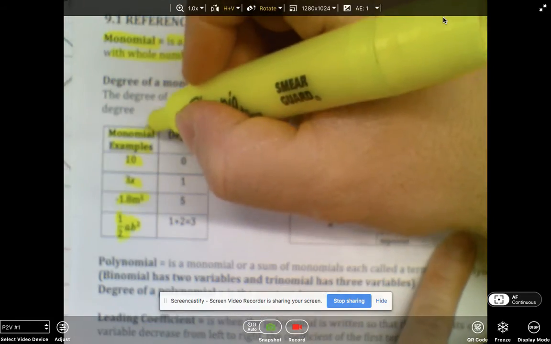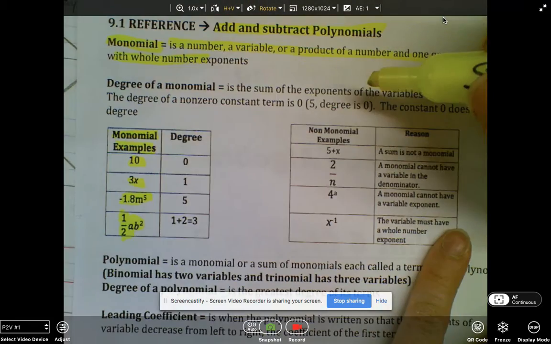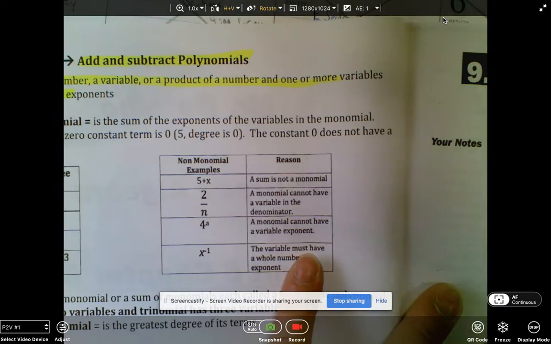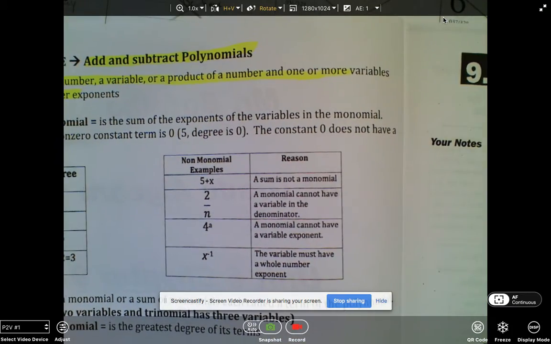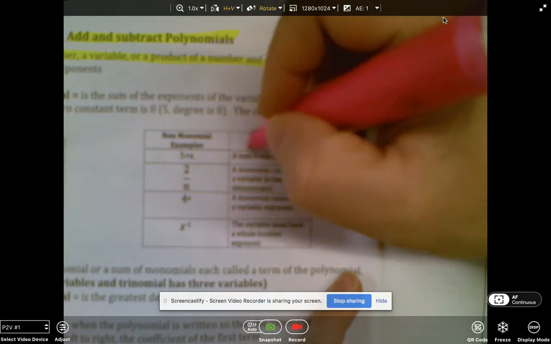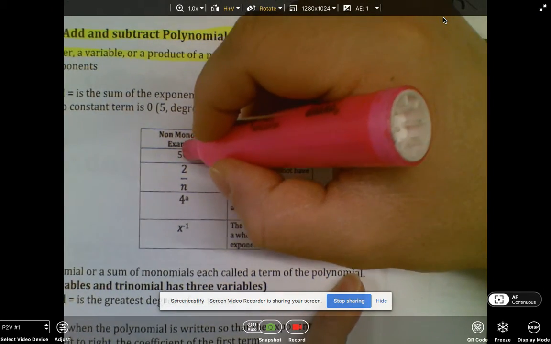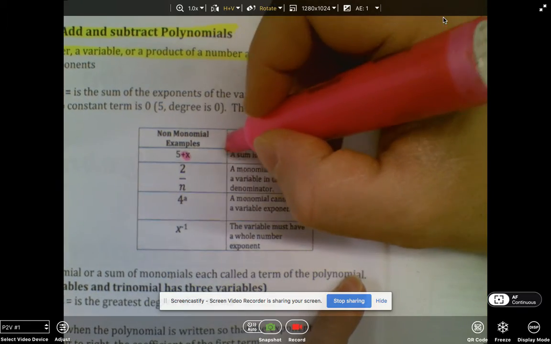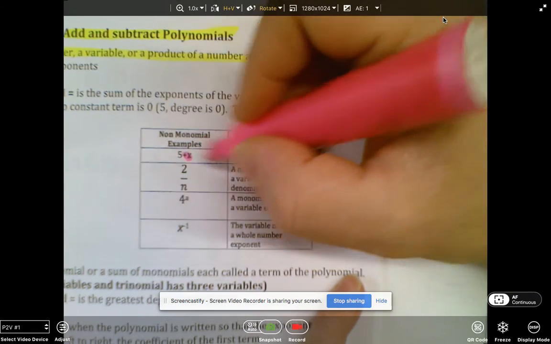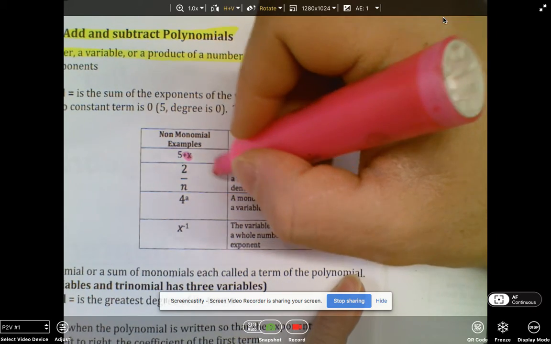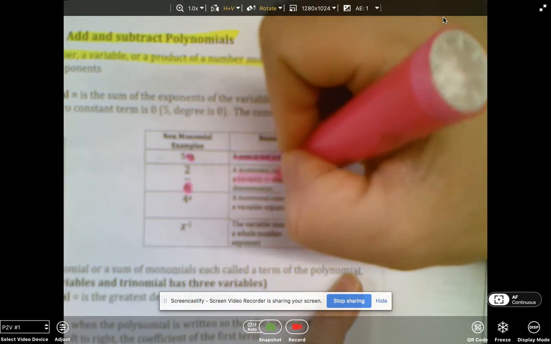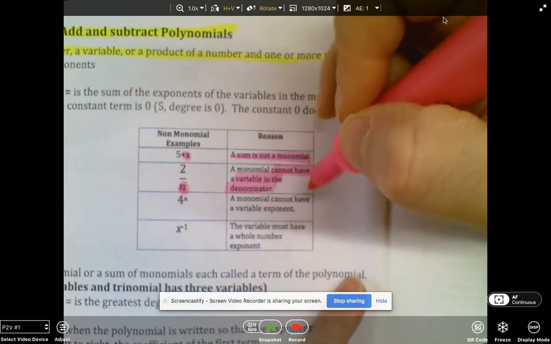Those are all monomials. Things that are not monomials are things that look like these examples here, and I'll tell you why. This is not a monomial because a sum is not a monomial. Division is not allowed either, you can't have a variable in the denominator.